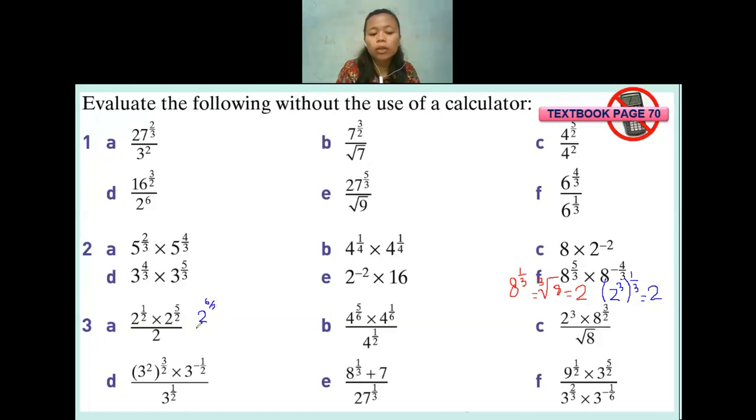And then the 2 will stay as it is. The 6/2 we can simplify, becoming 2 to the power of 3. 2 to the power of 3 divided by 2, the answer will be equal to 2 to the power of 2. 2 to the power of 2, the answer will be equal to 4.